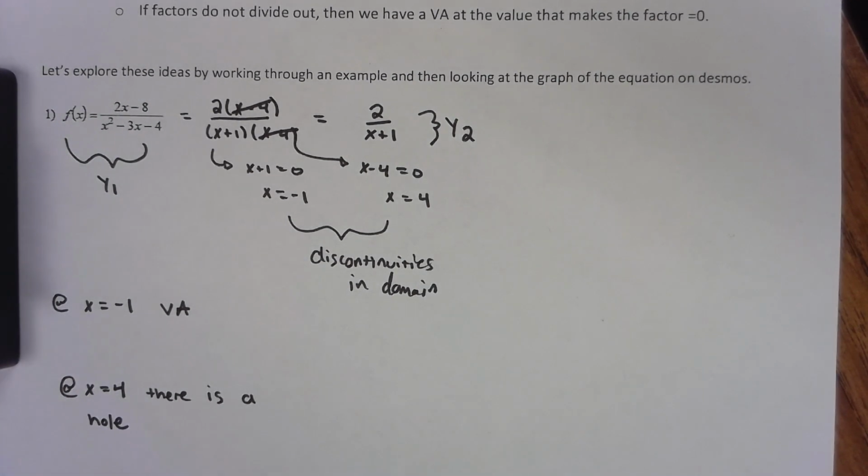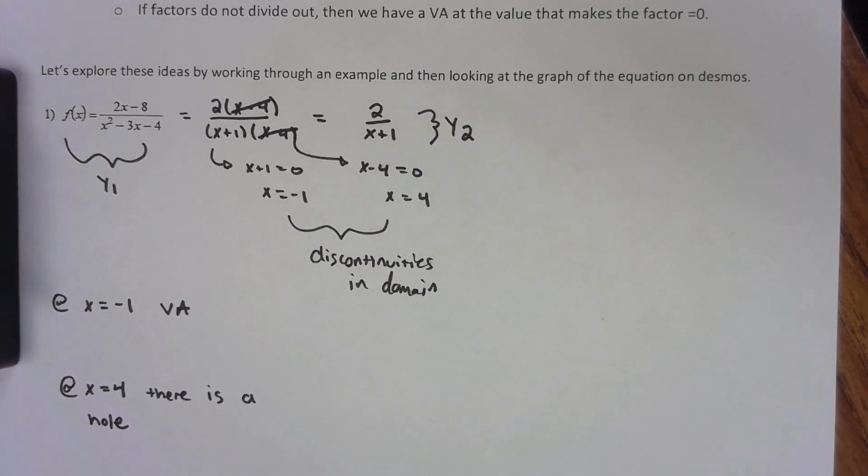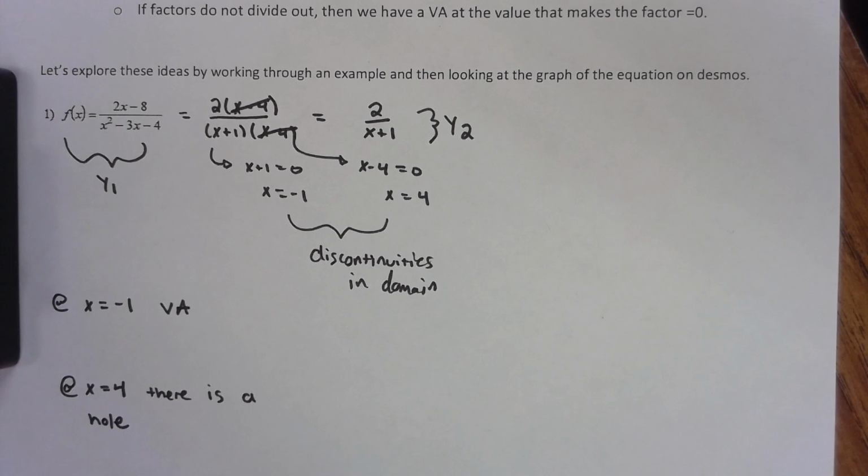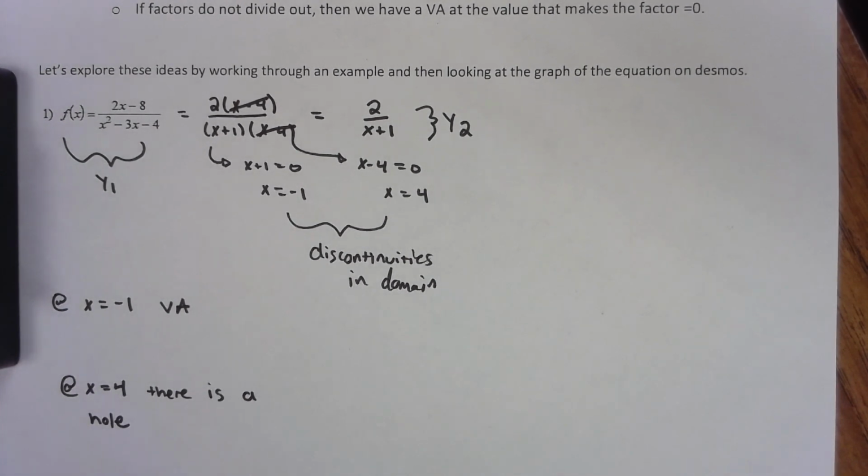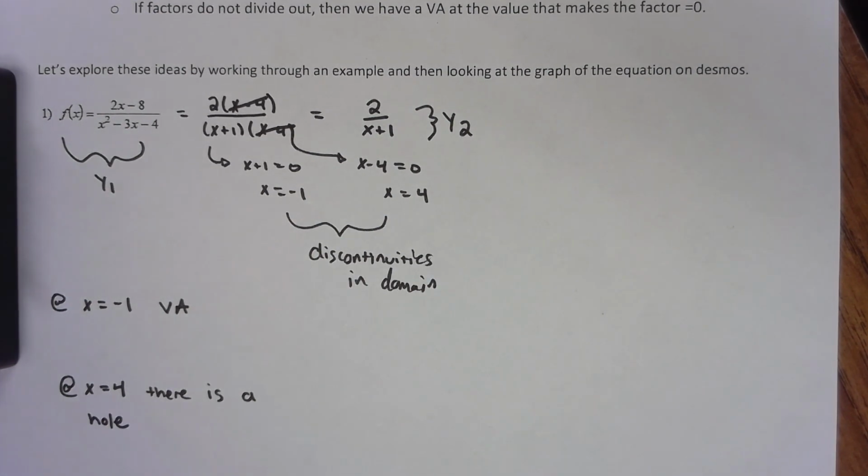And so this green line, that's not really part of the graph, but that's what our graph is going to approach, and it gets really, really close to it, but never actually touches it. And you can see that with the red, which is our original function, and the green, the vertical asymptote. So we just keep getting closer and closer and closer, but by very small amounts.